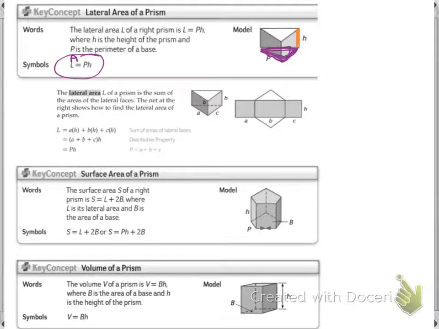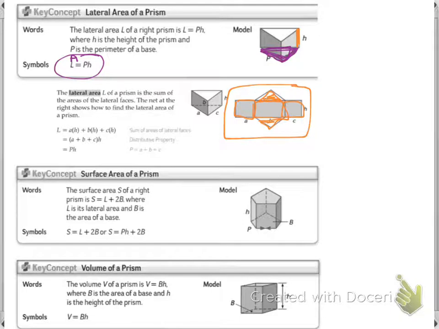So the perimeter of the base times the height will get you your lateral area. You can see here in this picture you have this net, and you know that this is a triangular prism because you have these two triangles that are your bases, and then it's made up of these three rectangles.